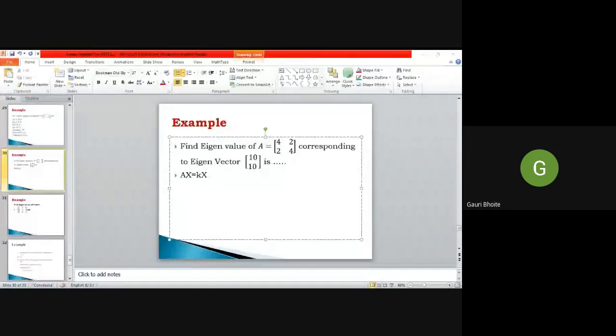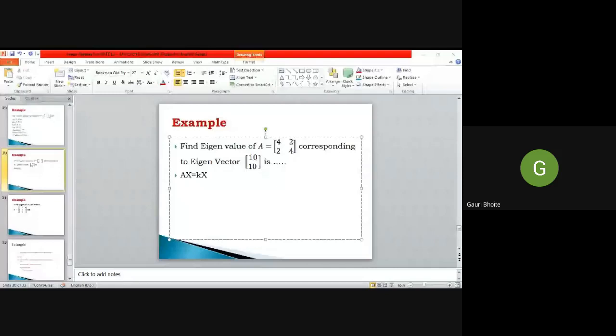First calculate. Find Ax and write Ax in terms of x.